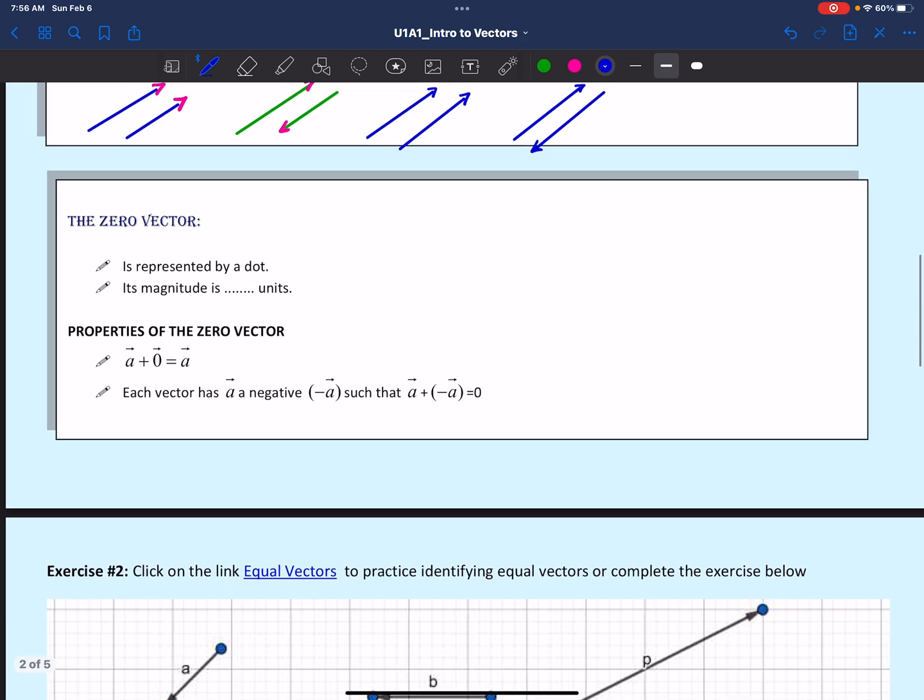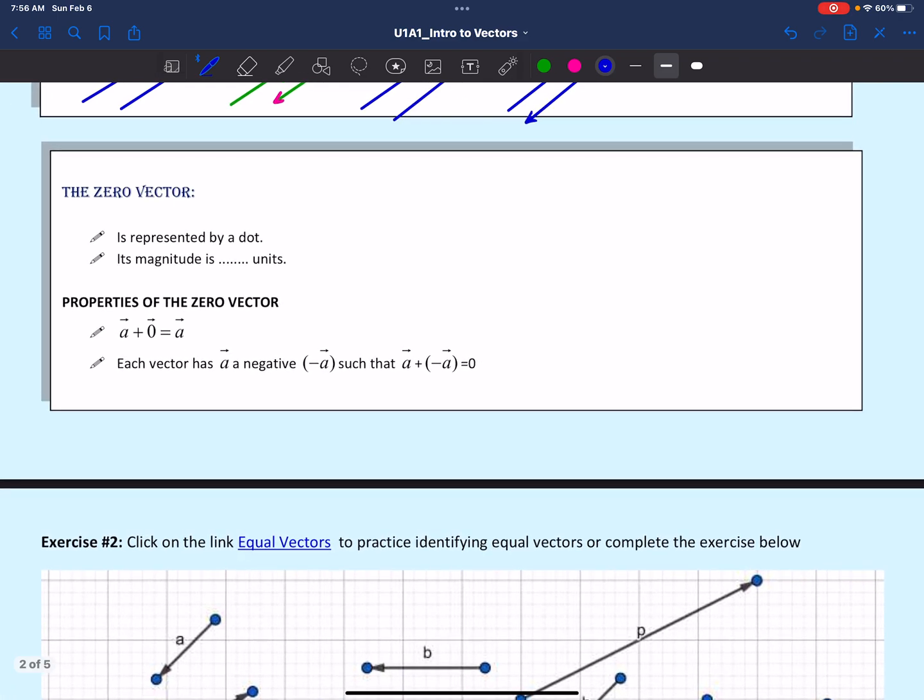Now, another vector that must be noted is the zero vector. The zero vector is represented by a dot, and a dot has a magnitude of 0 units. And obviously, a dot has no direction because you cannot point it in any way, a quantity that doesn't actually have value.